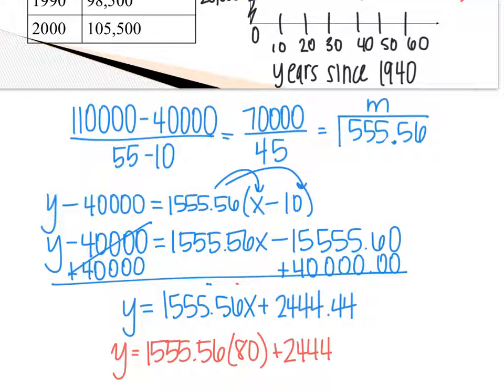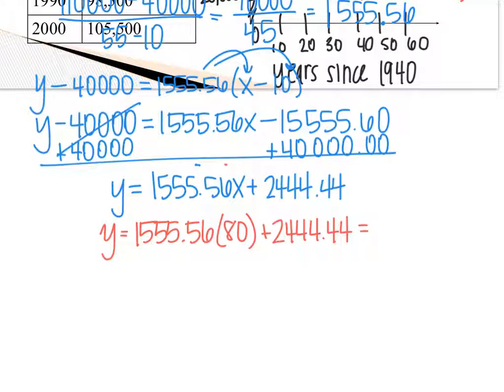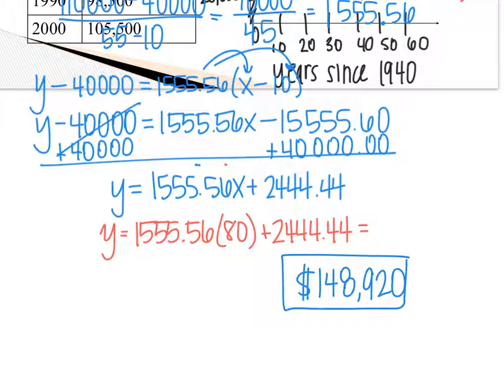The question's in there. And they do ask you about 2020, what the price will be in 2020. That's why I'm doing this. But after you fill it out, you get 148,920. So a good guess on what the price of a home will be is 149,000.